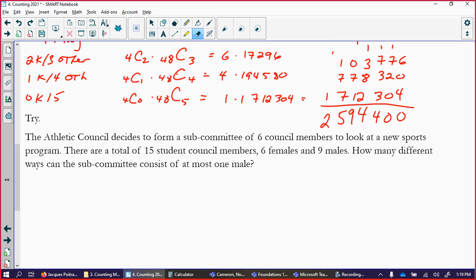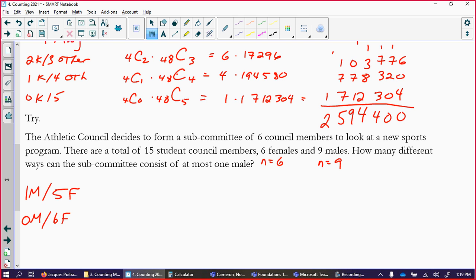At most 1 male. One male, 5 females, or 0 males, 6 females. How many different ways can a subcommittee be formed with at most 1 male?